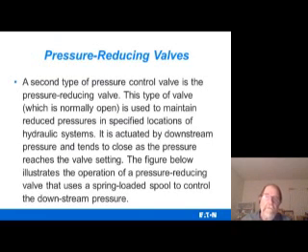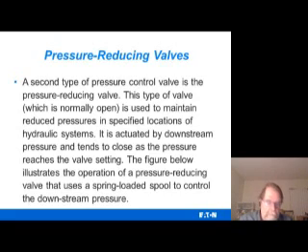Pressure reducing valves. A second type of pressure control valve is a pressure reducing valve. This type of valve, which is normally open, is used to maintain reduced pressure in specific locations of the hydraulic system. It is actuated by downstream pressure and tends to close as the pressure reaches the valve setting.